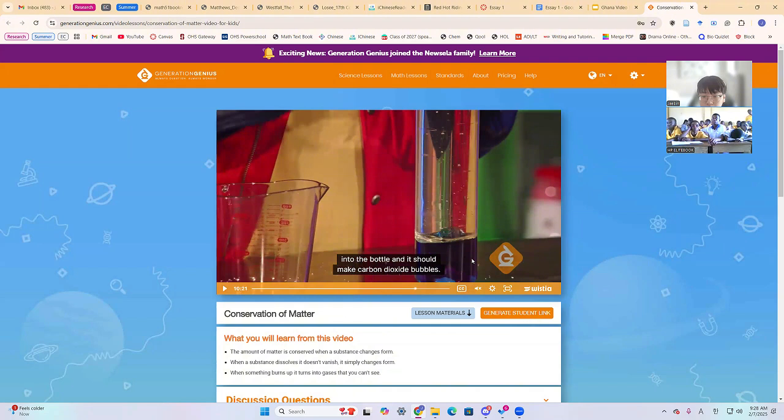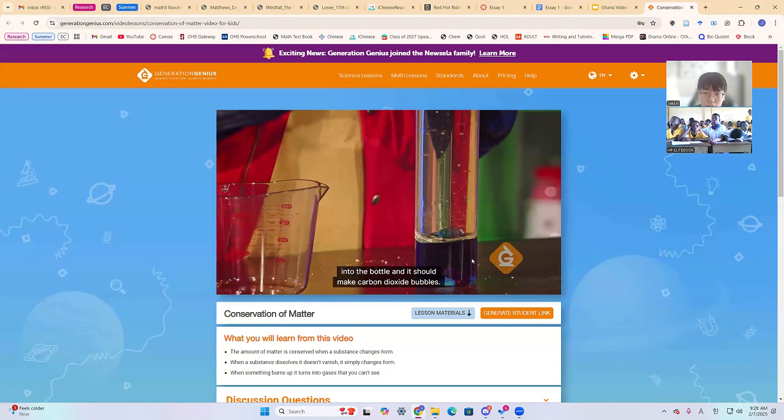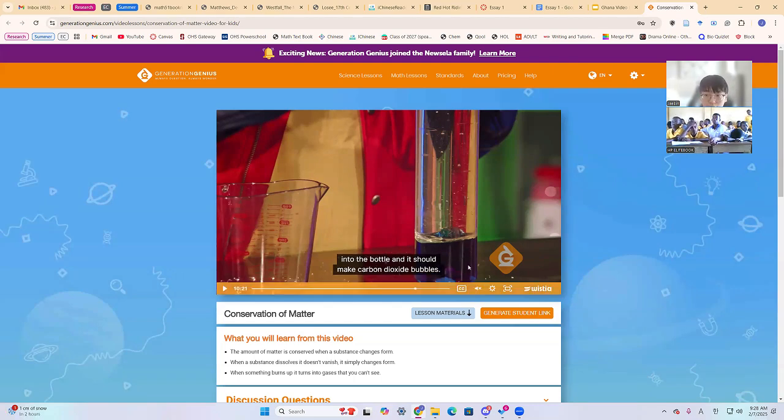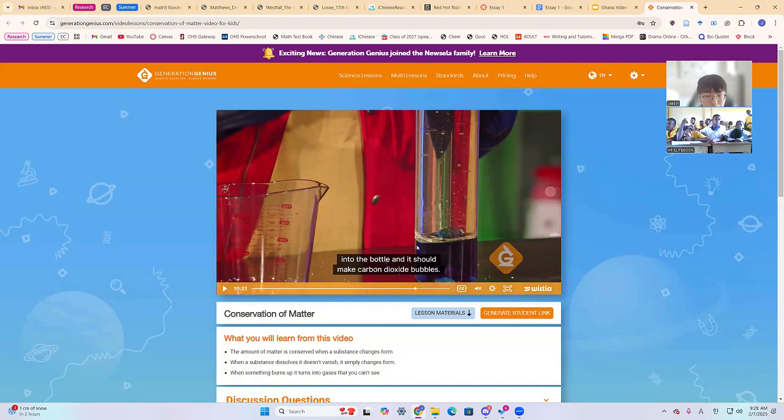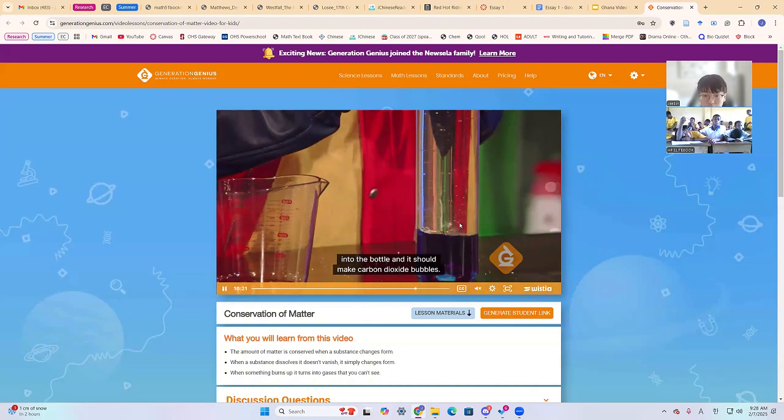The fizzy tablets, when they go in water, make a certain chemical reaction, and it does produce carbon dioxide gas into the air. So it is used to create carbon dioxide gas as it reacts with the water in the bottom. That's why it creates all the bubbles you can see.